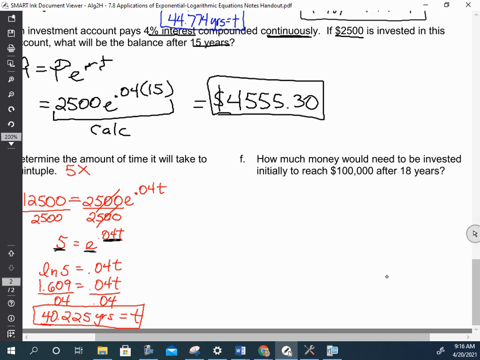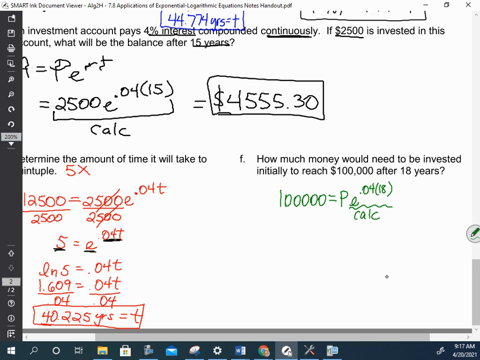All right, last one, part F. How much money would need to be invested to reach 100,000? So that means you know everything but the initial amount, just like the first problem. So 100K equals P E to the 0.04 times 18. That part is calculator.